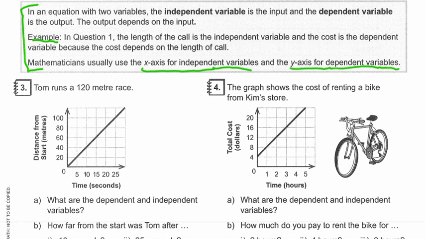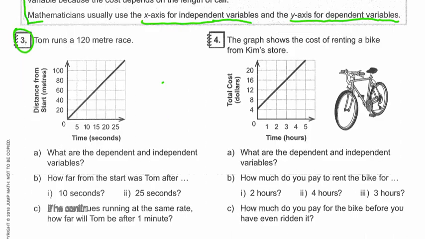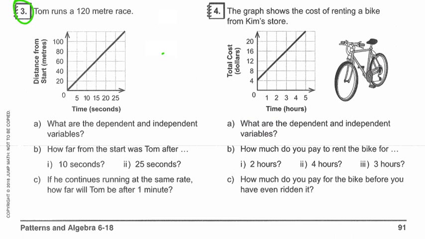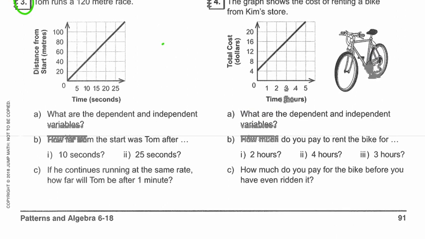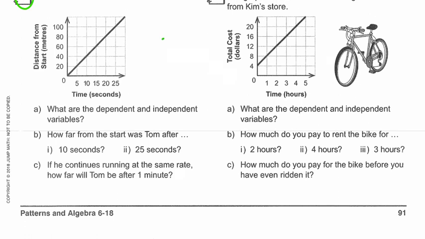Let's take a look at question 3. It says, Tom runs a 120-meter race. What are the dependent and independent variables? So the independent would be the amount of time he's running, and the dependent would be the distance he goes.